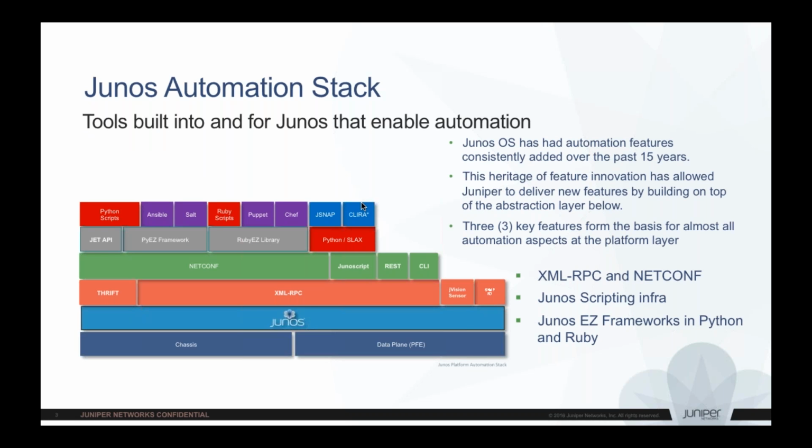Here you can see the big picture of Junos automation feature stack that is, of course, carefully and consistently built over many years, starting from the standards-based netconf XML RPC infrastructure all the way up to the support available in terms of Chef, Puppet, Ansible, and now Salt.